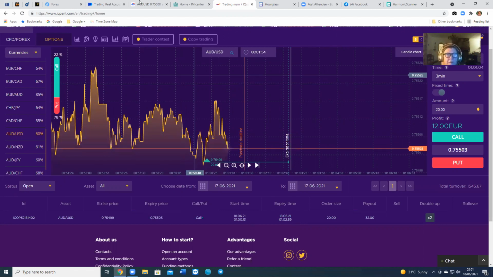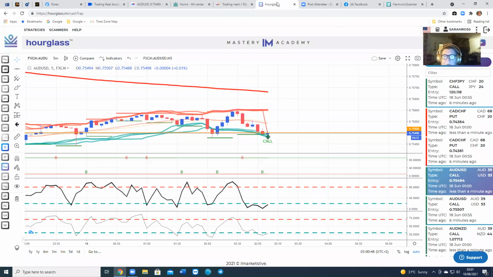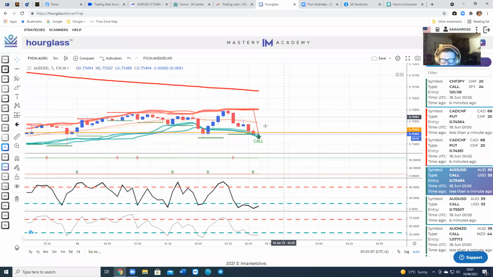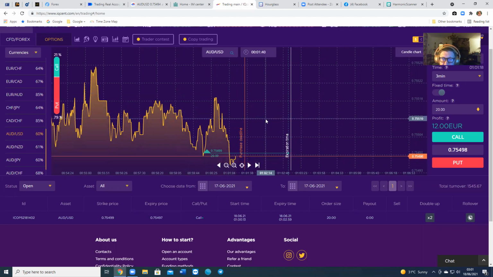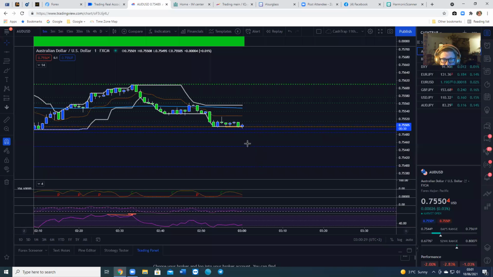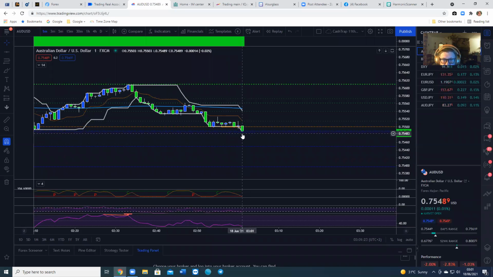So that's why I like to wait for the hour. It's just dipping back to the 497. I have to make a decision 45 seconds before the end on rollover. So it's just decided to go down.